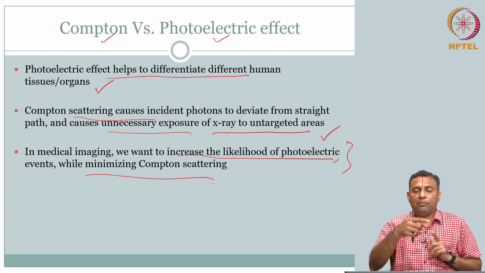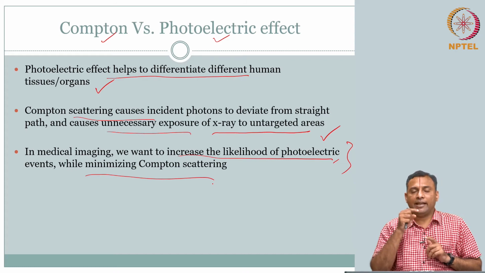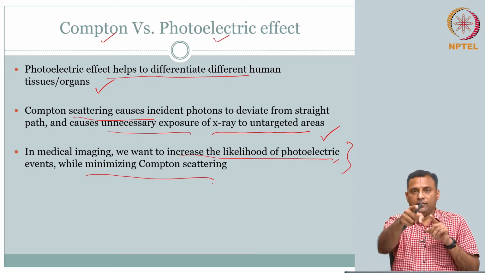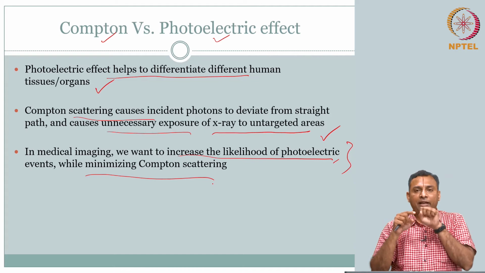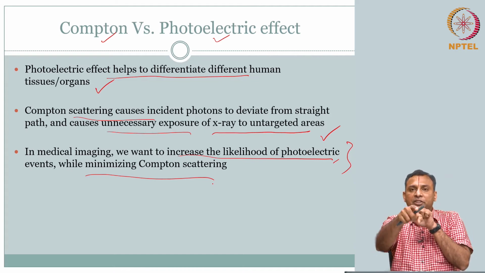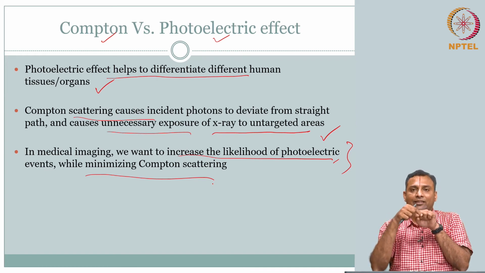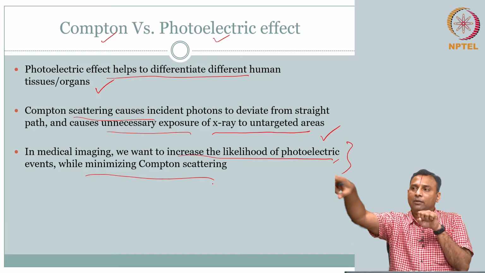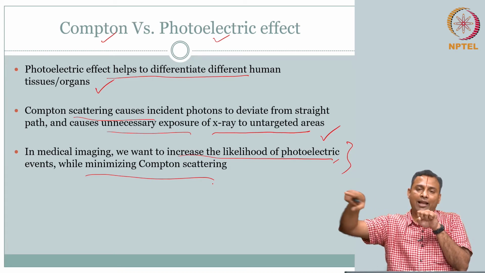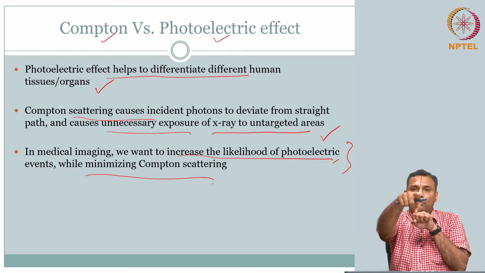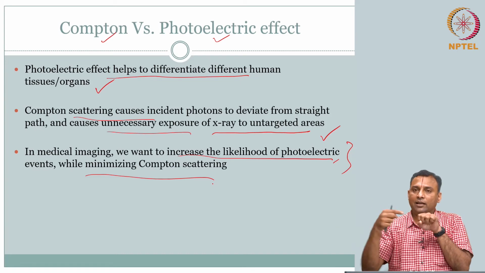I am probably looking at some signal coming straight through. My detector is looking at some H mu that is supposed to come straight through, and that is my signal of interest. But because of Compton scattering, something else happened and that one comes at an angle and hits here. So while I am looking here, something else comes and hits me here.